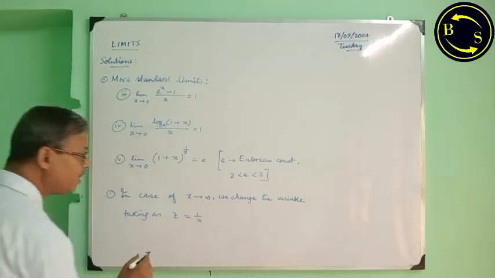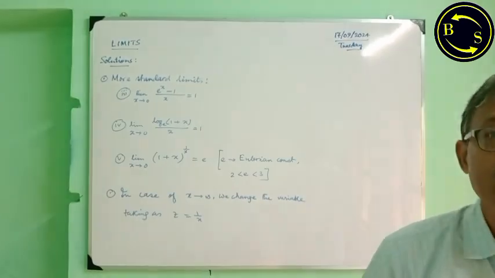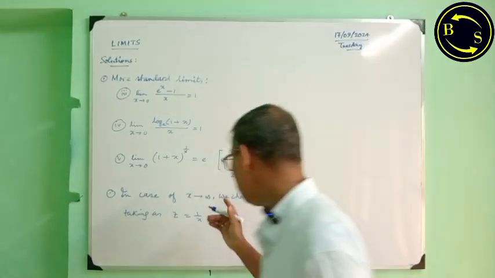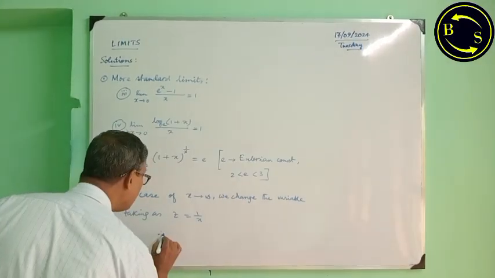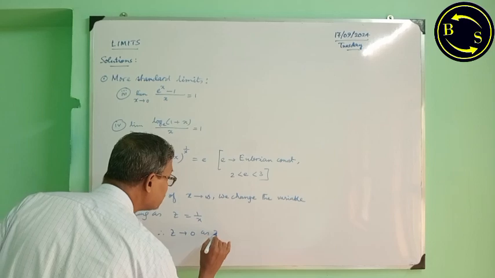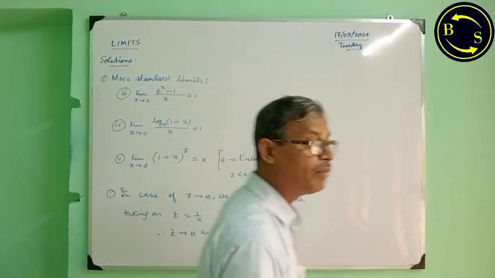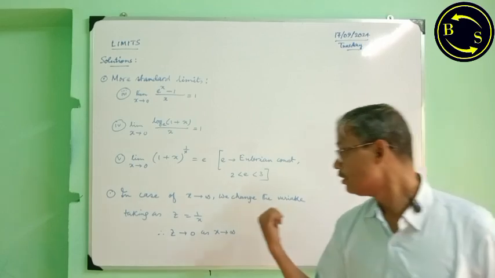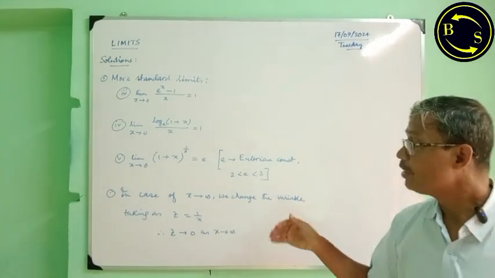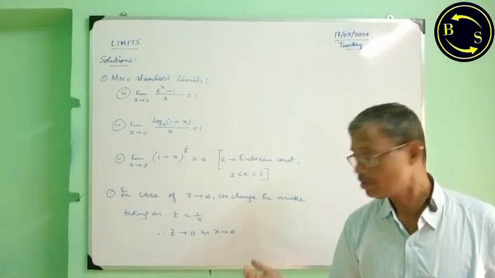Since x tends to infinity, that means a large quantity which is greater than any large quantity you can think of. Therefore, z tends to 0 as x tends to infinity. After changing this variable, we can now apply the standard limits we have discussed earlier.